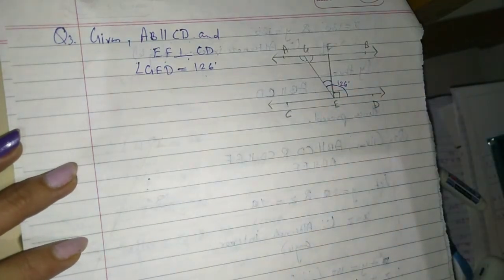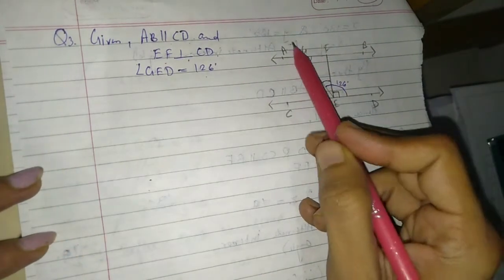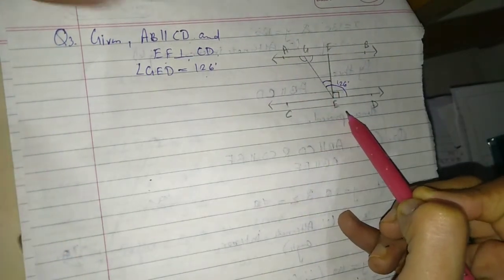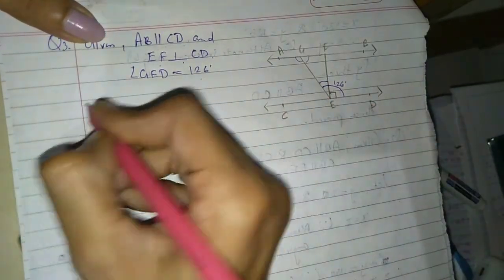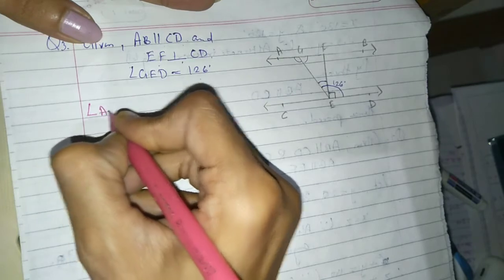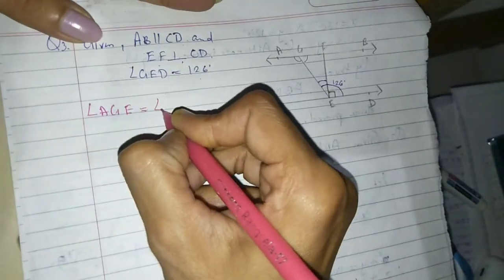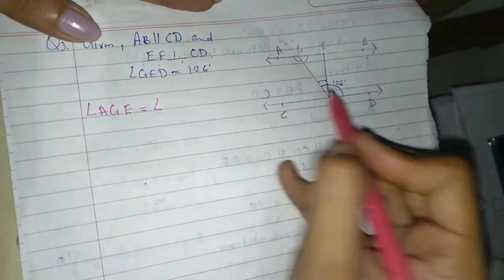First of all, these two are alternate angles, right? Because this is a transversal line. Then we can write that angle AGE equal to angle GED.